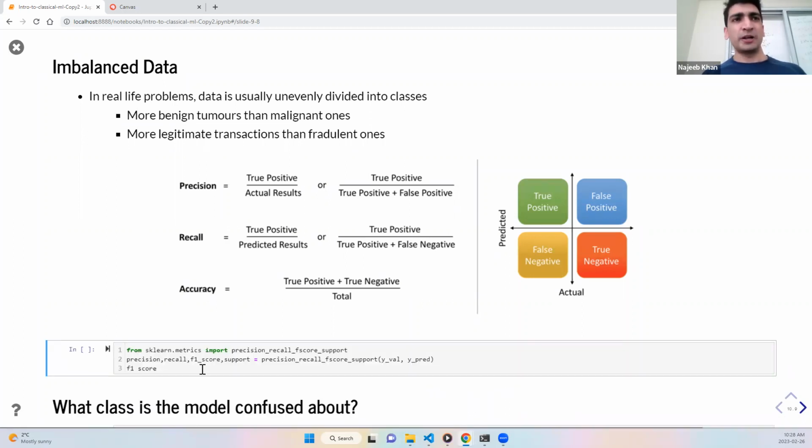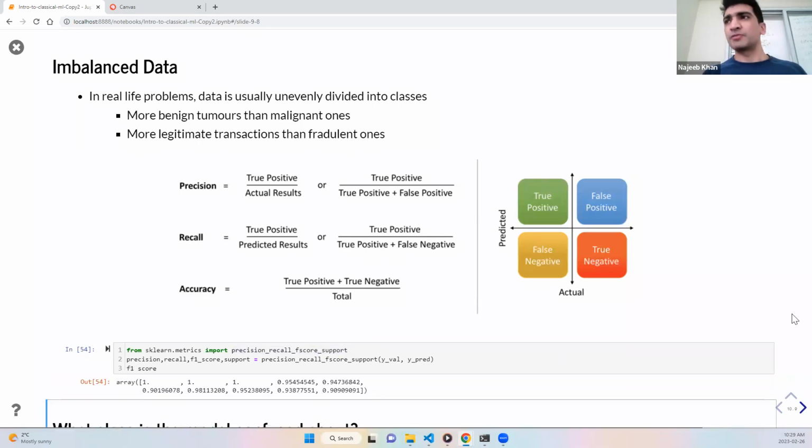Just like with accuracy, we use the function from scikit-learn. Similarly, for precision and recall, we could use the function from scikit-learn. So let's look at some of these numbers.